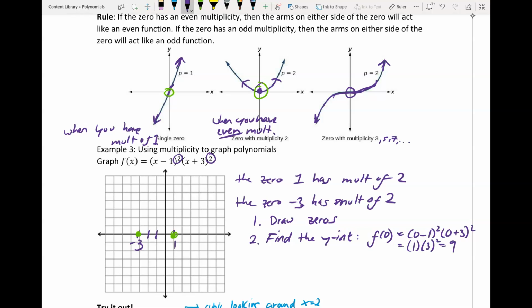So we're going to plot that as well. So 2, 4, 6, 8, 10, and I'm going to plot that right here. Step 3 is use multiplicity rules.